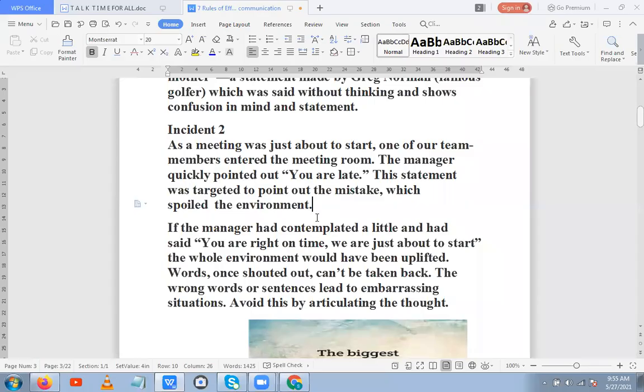The moment you come, you're getting a bad remark. Somebody blames you. That spoils your mood. That spoils the environment. Right? So instead of that, if somebody says, "Yeah, hurry up and come. We are just going to start," then the whole environment would have been better.